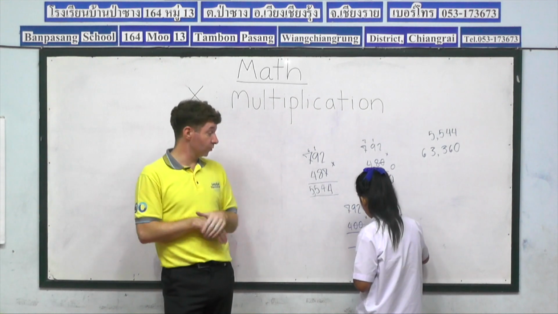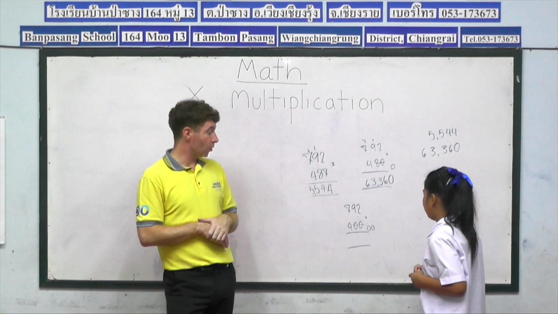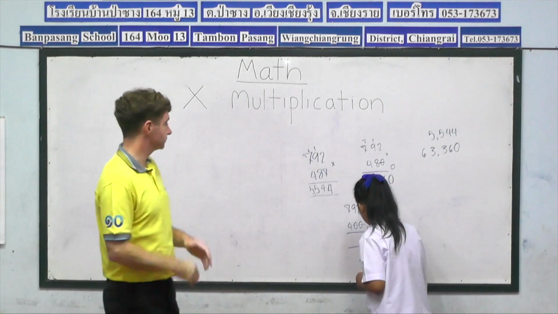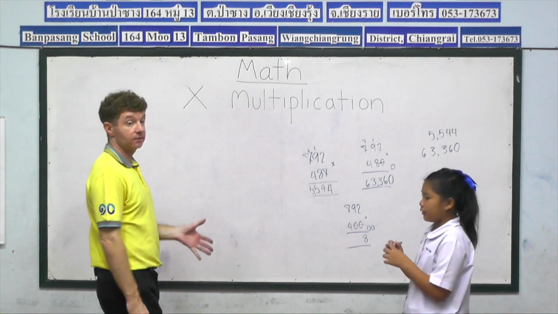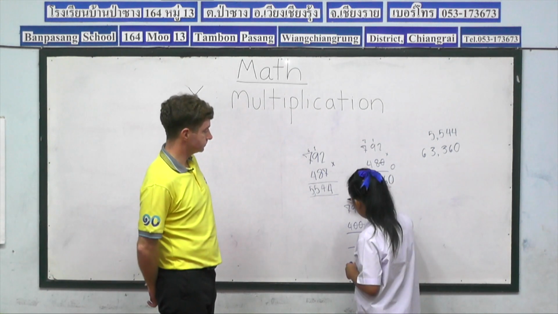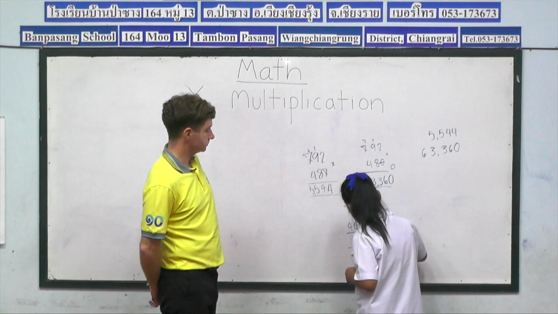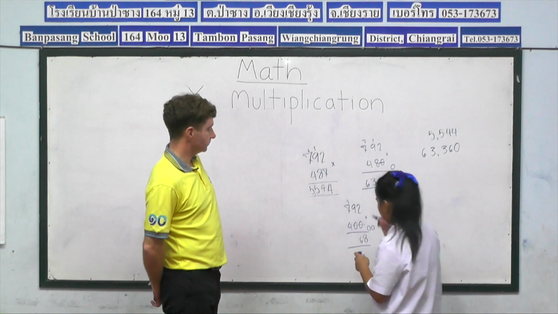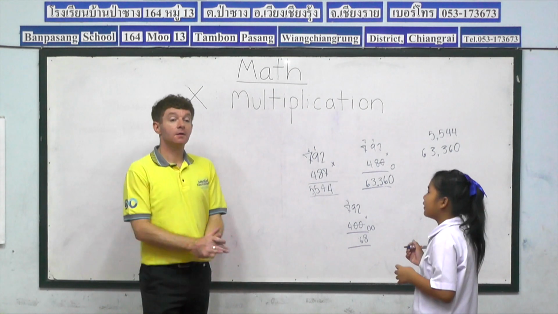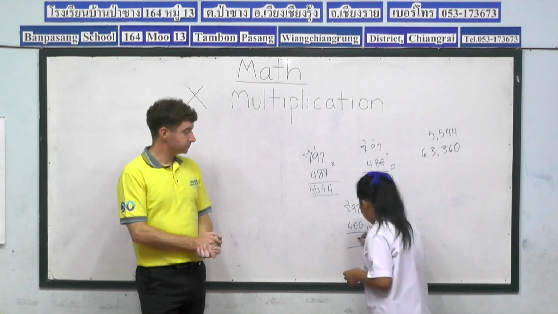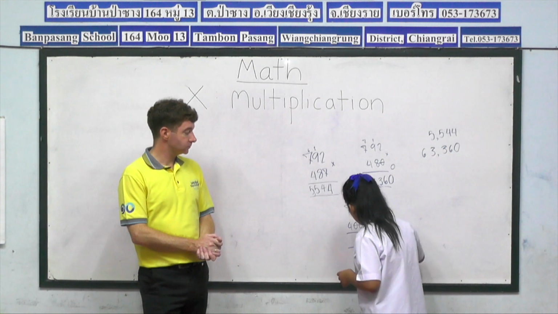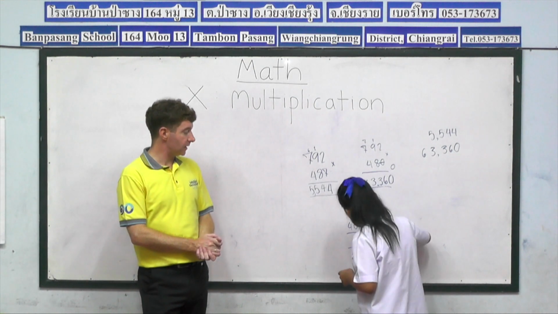So remove 2 zeros. 4 times 2 equals 8. 4 times 9, 36. 6 carry 3. 4 times 7, 28, plus 3, 31.